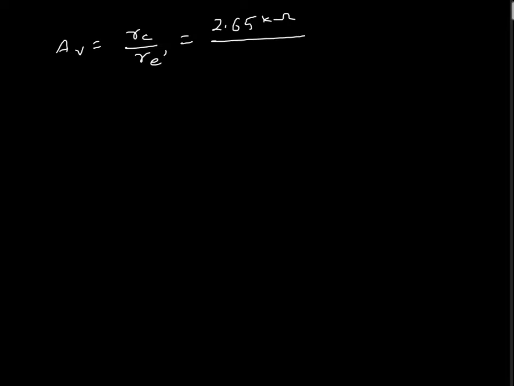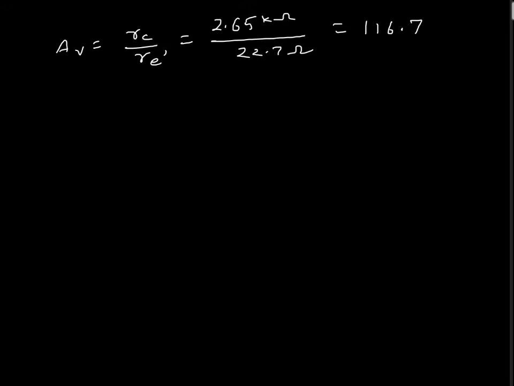So let us solve this: 2.65 kilo ohm divided by 22.7 ohm. If we solve this, we will get 116.7 as the voltage gain.